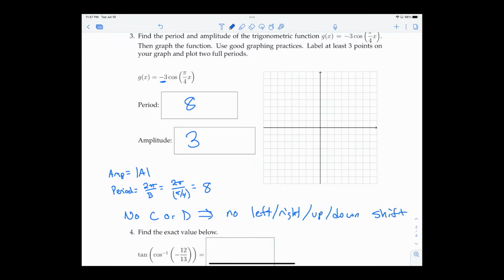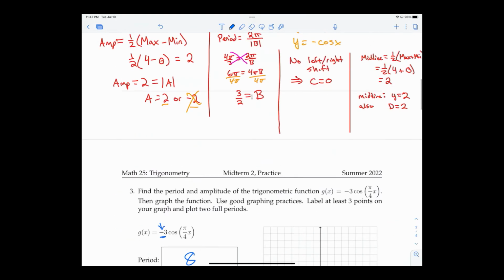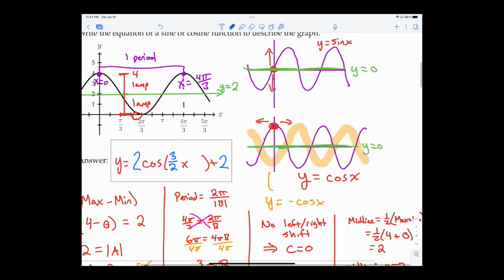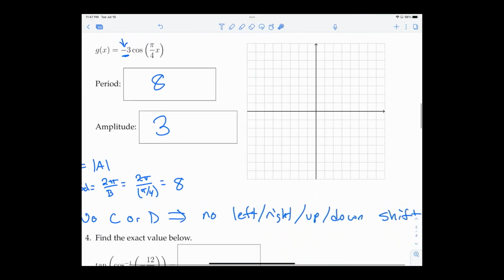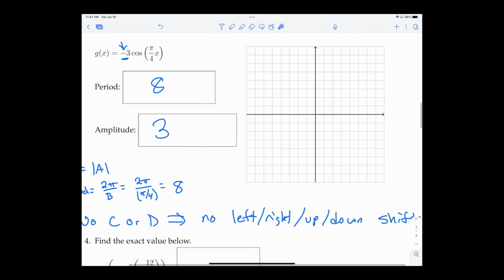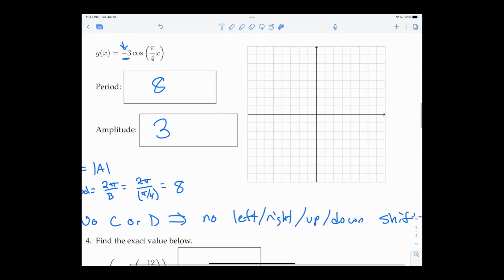And also notice that this is minus, and like we talked about here, a cosine normally starts at the top, but if it's a negative cosine, it starts at the bottom instead of the top. So what can we say about this? It's a cosine. It's negative, so it's upside down. Its amplitude is 3.